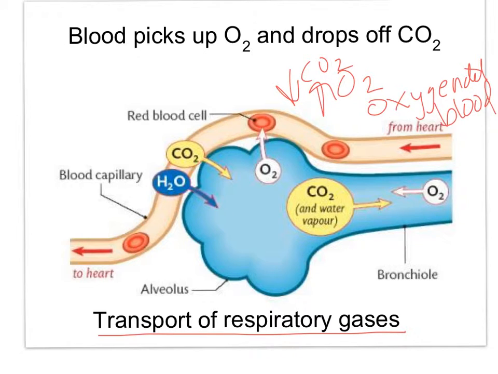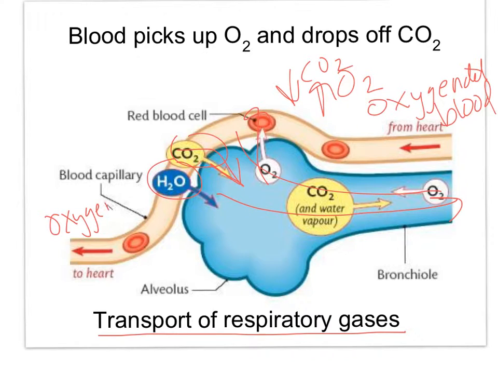And so what's going to happen is that the blood is going to pick up oxygen and it is going to dump off CO2. And so some excess water vapor and CO2 is going to go out the bronchiole, and oxygen is going to be picked up. So this is oxygenated blood.